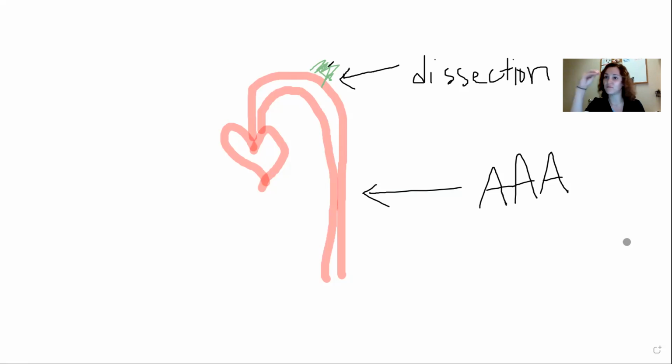It'll cause movement at that ligament and can cause that tunica intima to tear more easily or shear. So that's why this area is more common for a dissection, and this area, kind of below and in the abdomen, is more common for a AAA.